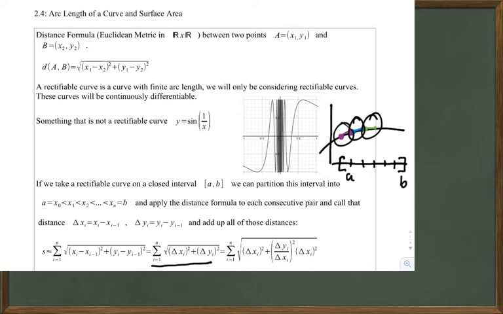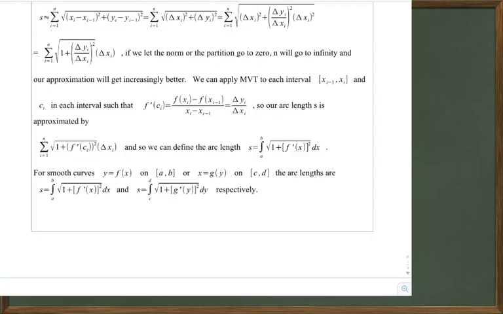Then in the next step, all we've really done is multiply and divide by delta xi squared. You see here's the numerator, and here's the denominator, delta xi squared. So we haven't changed anything, we just rewrote it that way, and we'll proceed to the next slide to see where this is going. There's that last line from the bottom of the page again.